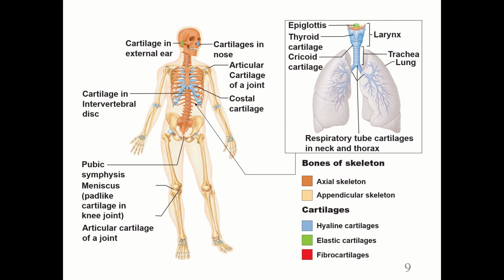This illustration shows the different types of cartilages in the skeleton. Here's the hyaline cartilage as costal cartilage that attaches the ribs to the sternum, articular cartilage, which covers the ends of the long bones, and if this was a juvenile, then epiphyseal plates would be found in the long bones and would be sites of growth.